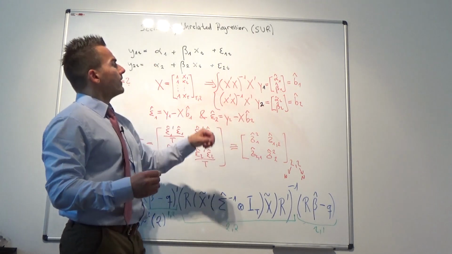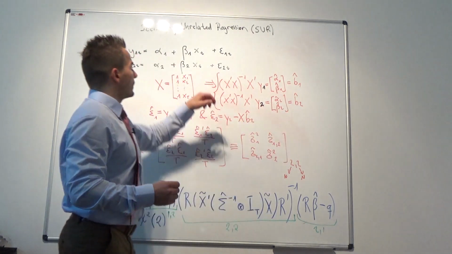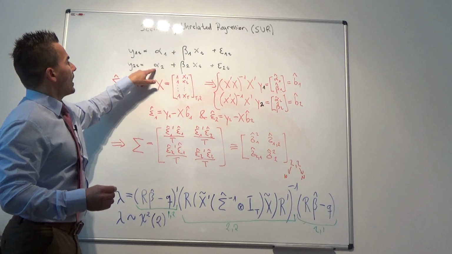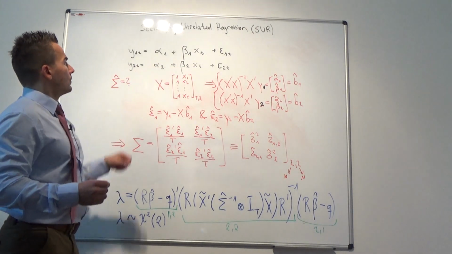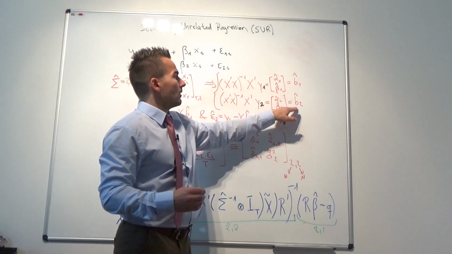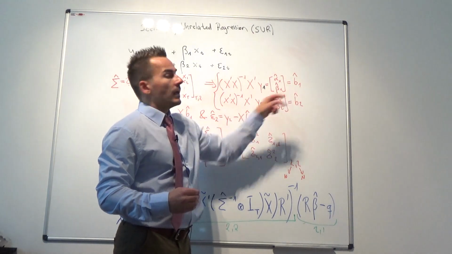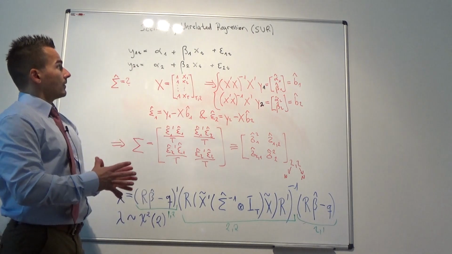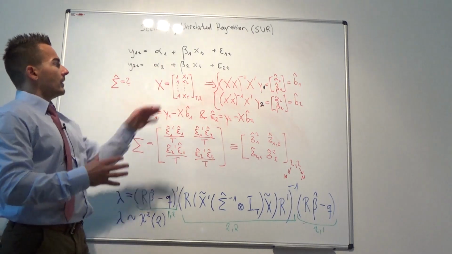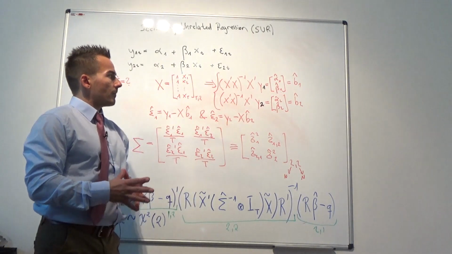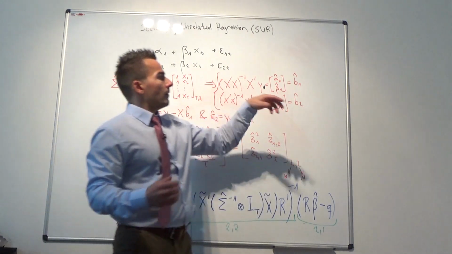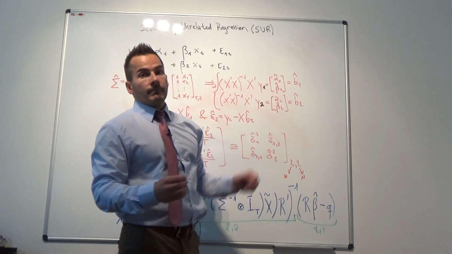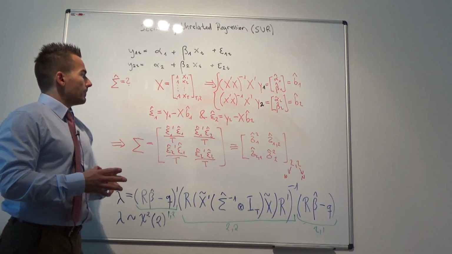What we get in turn is the corresponding 2 by 1 vector that collects the estimates for alpha 2 and beta 2, denoted here as b2 hat. Again, if we have 25 test assets, capital N, obviously we have to do this 25 times, and we get 25 parameter vectors bi. Very simple.